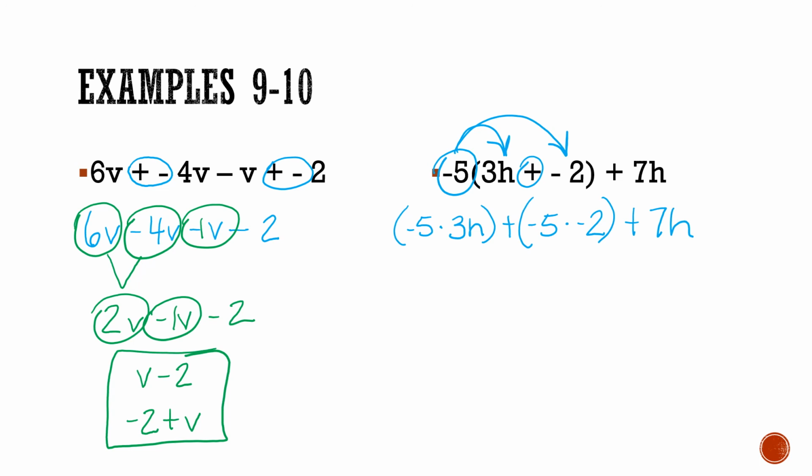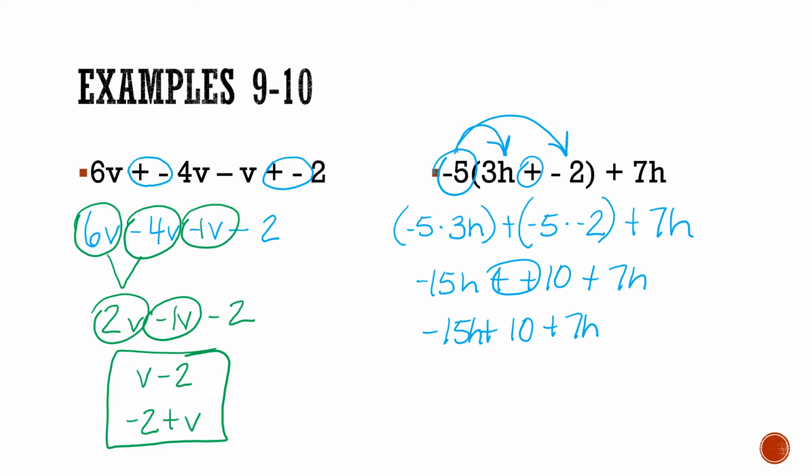So negative 5 multiplied by positive 3 makes that negative 15h, plus a negative times a negative here is going to make that another positive 10, plus 7h. And of course we've got sox here, but it doesn't really change anything because it's positive. So it's matching signs, which keeps it a positive.